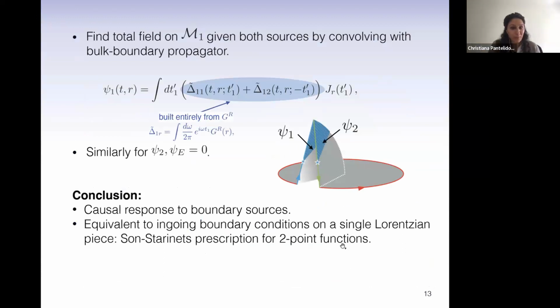You derived the conclusion that after your calculation, according to Van Rees and Skenderis procedure, you get this cancellation in the backward time direction, and you get just a causal response from your source JR.